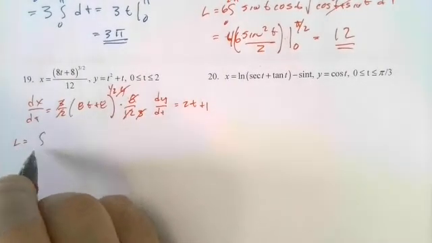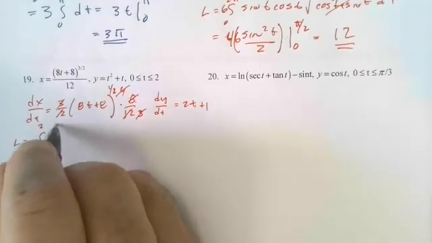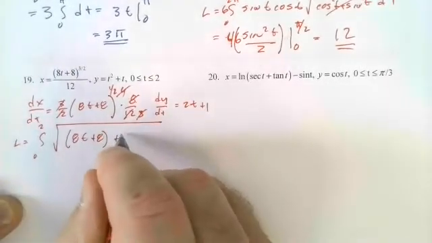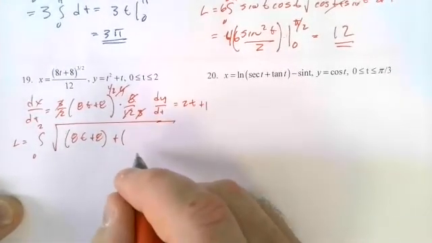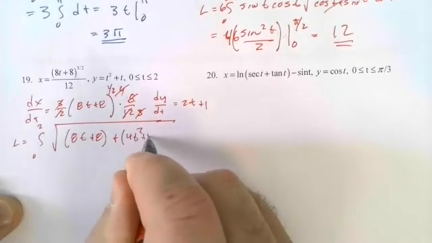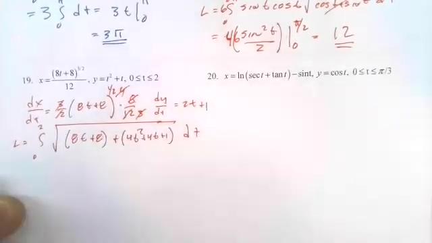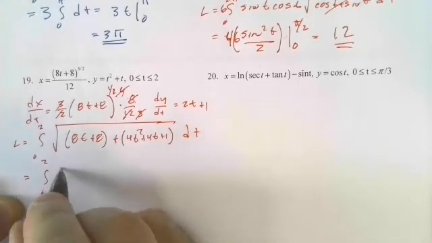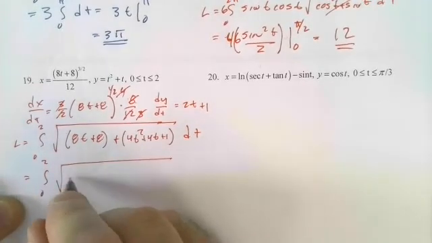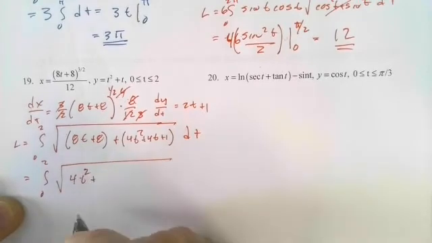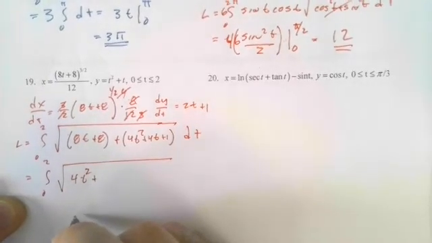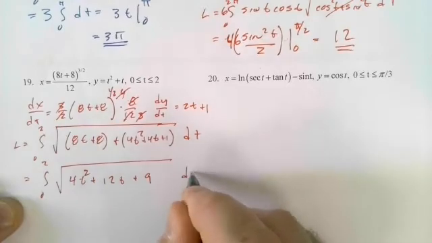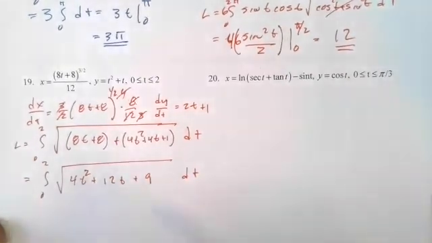Length equals the integral from 0 to 2. I'm going to square this right away, so it's 8t plus 8, plus, I'm going to square this, 4t squared plus 4t plus 1 dt, which equals the integral from 0 to 2 of the square root of 4t squared plus 12t plus 9 dt, which I believe is 2t plus 3, yep, squared.